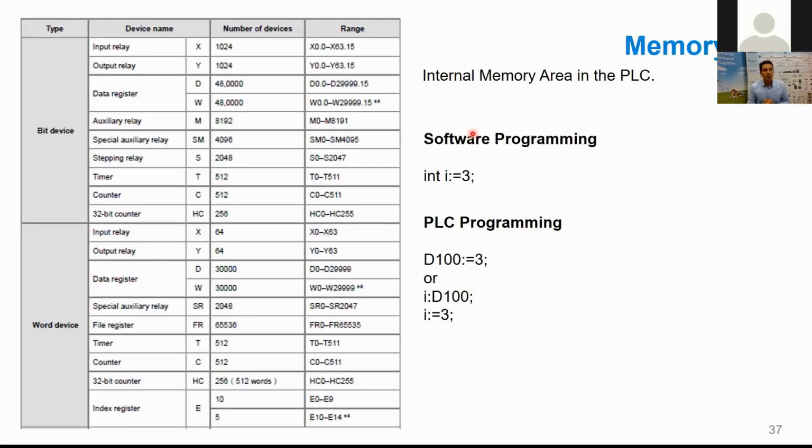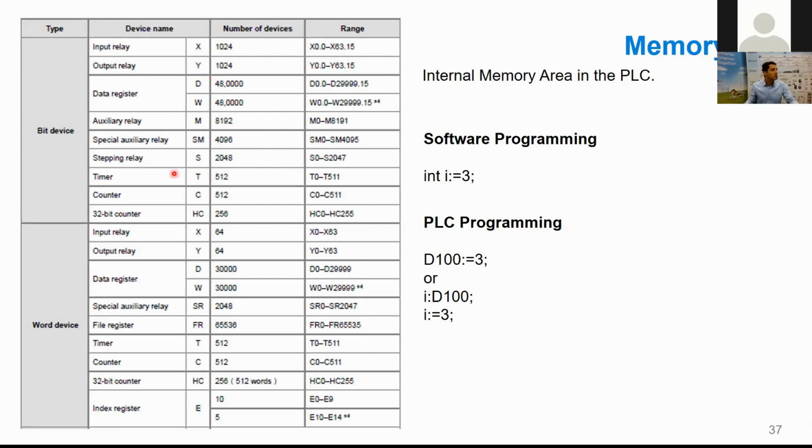Yes, I/O using. Before we understand the I/O using, we first need to understand the memory area, how the memory area works in Delta PLC. On the left-hand side, you see the table. In this table, we have a bit device and word device. Well, actually, word memory and bit memory. In the word memory, there are some memory areas which are the same, so it means these memory areas can be used as a word or bit.